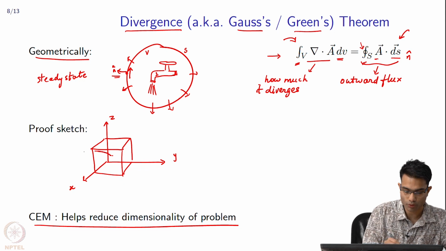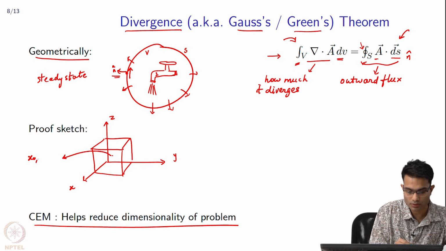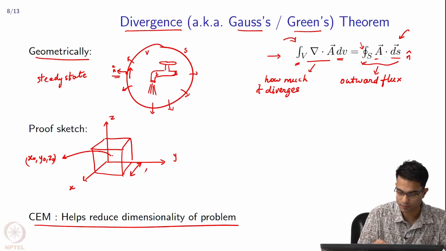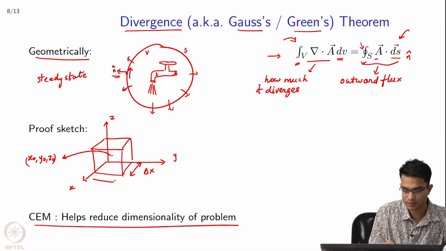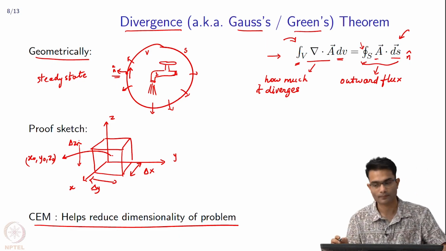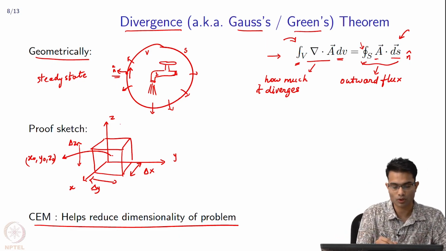And let us say that the center point over here is x naught, y naught, z naught, and in each dimension I have the width of this box delta x, delta y, and vertically over here is delta z. Okay. Now, for this very small volume V, let me try to calculate the right hand side.